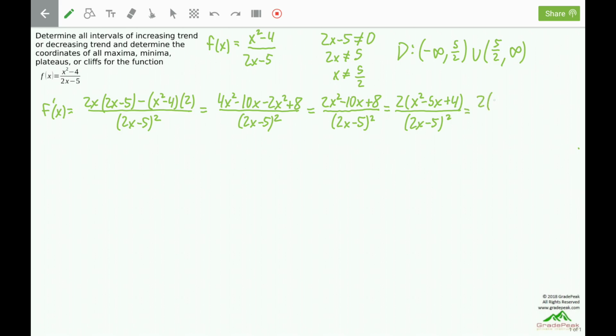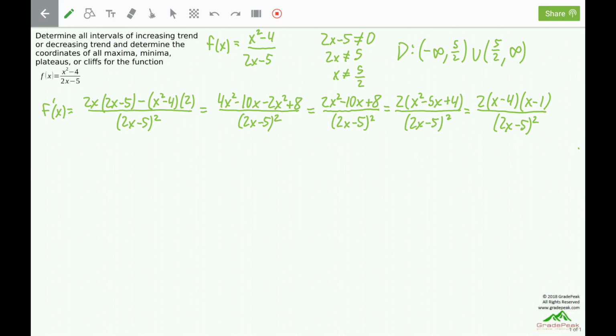In the numerator, we can further factor the trinomial quadratic into an x and x. We need two numbers that multiply to be a positive 4 and add to be a negative 5. It sounds like a negative 4 and a negative 1 will take care of this, over the denominator, which is 2x minus 5, and then squared, just meaning there's two factors of 2x minus 5. So that is fully factored.